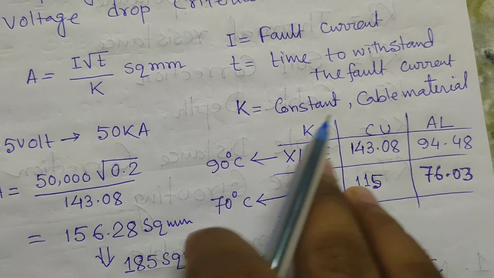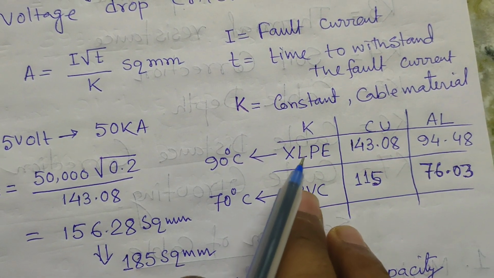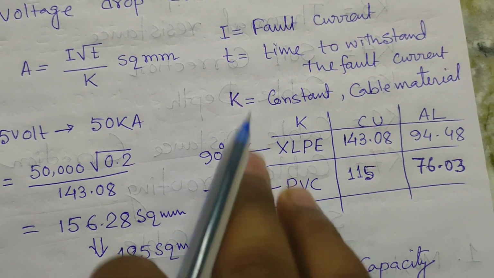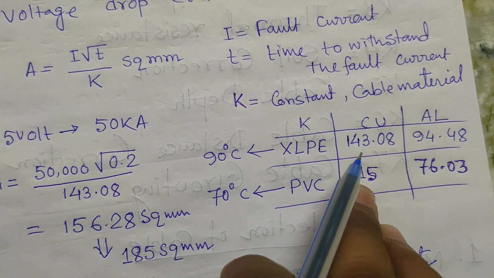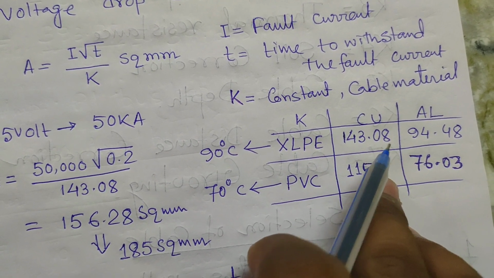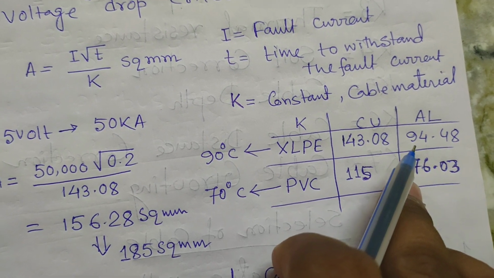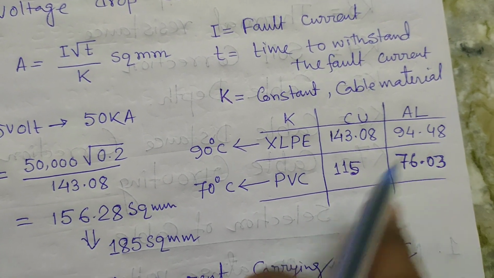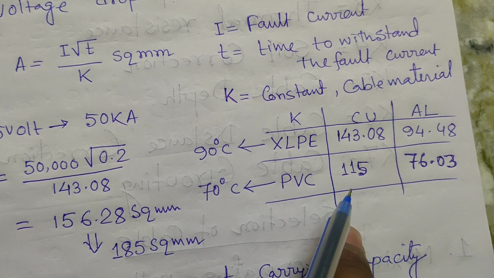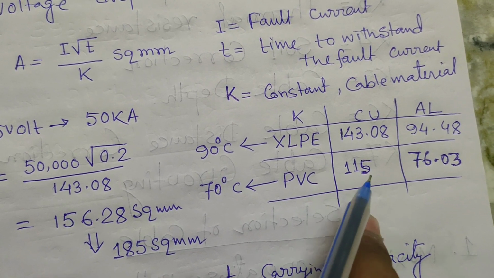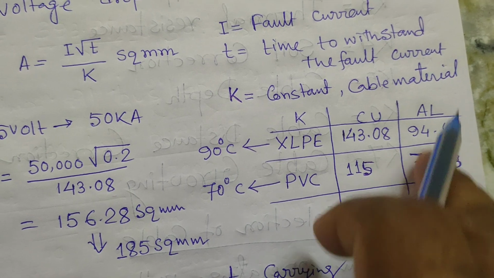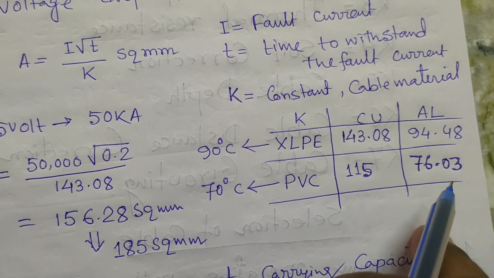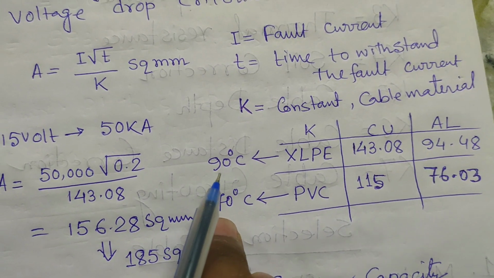Here K is the constant for the cable material, and depending on the material, K is different. For copper it is 143.08 and for aluminium 94.48. For PVC copper cable the K factor is 115 and for aluminium cable it is 76.03.